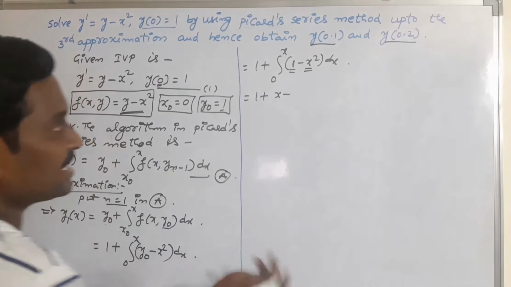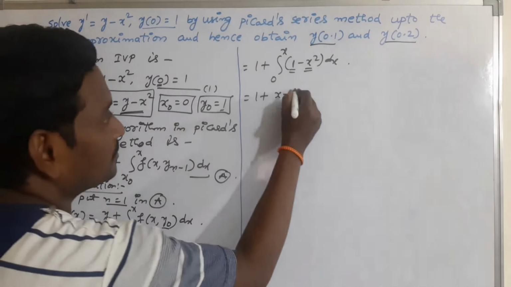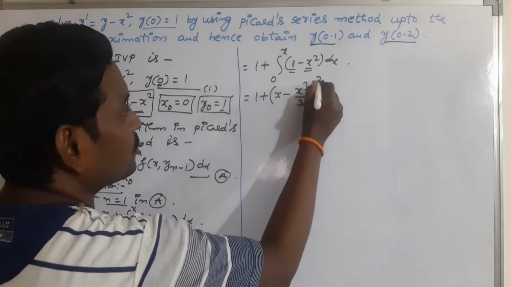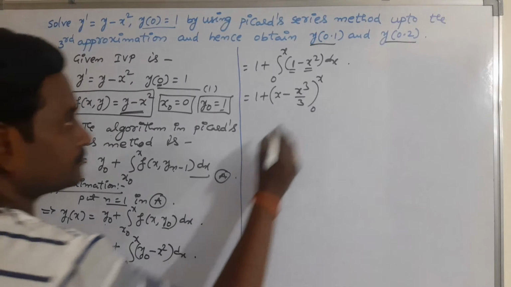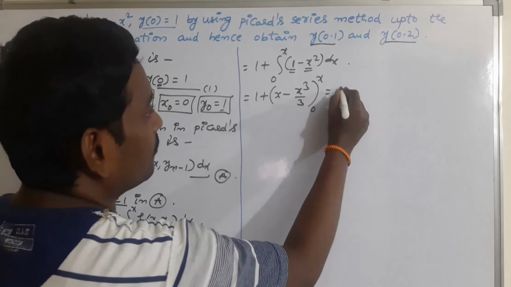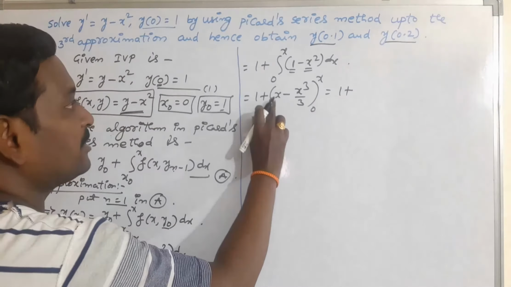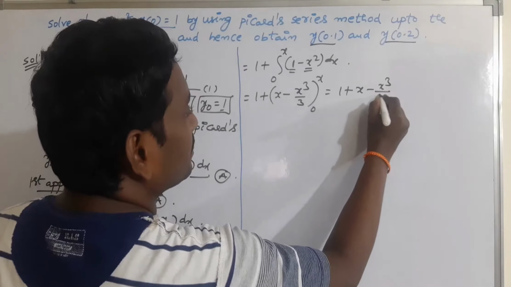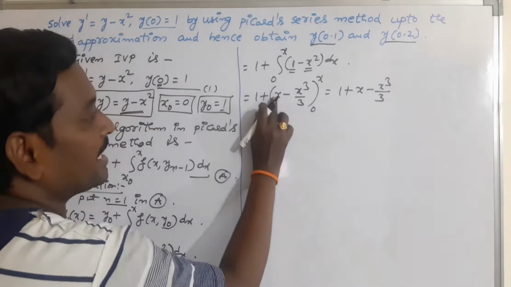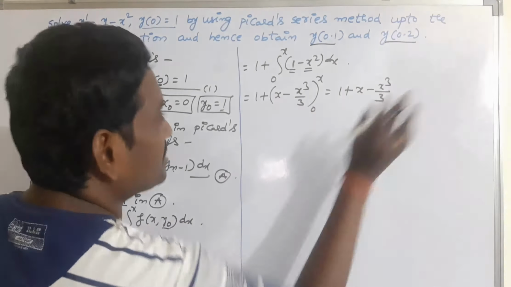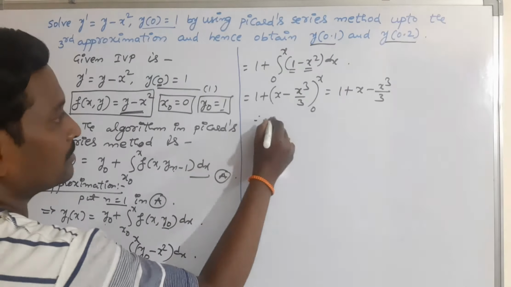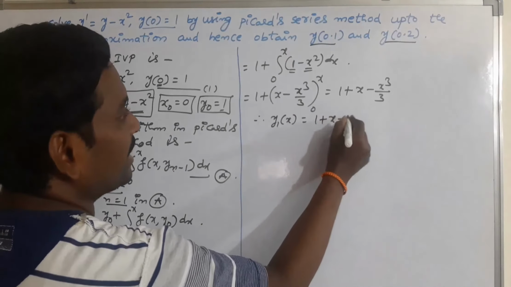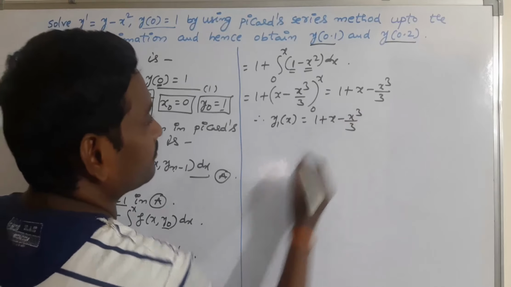And we know that integration of x square is x cube by 3, within the limits 0 to x. That is equal to 1 plus, by applying upper limit you will get similar terms, x minus x cube by 3. By replacing lower limit x by 0, you will get all terms are 0. So what is y1? Y1 is nothing but 1 plus x minus x cube by 3.